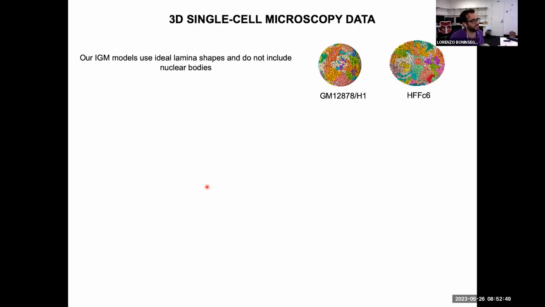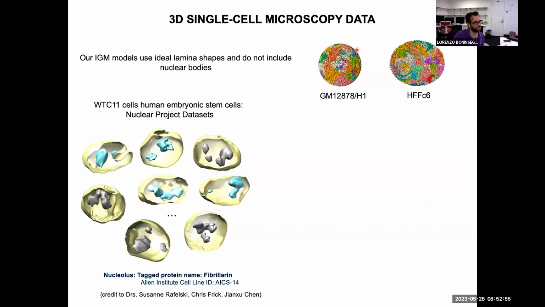One thing that we're trying to do now is to make shapes more realistic. These are the models we've used so far, but we know that this is really not how things look. So we would like to include information about the laminas and the nuclear bodies in the models to make them more realistic.